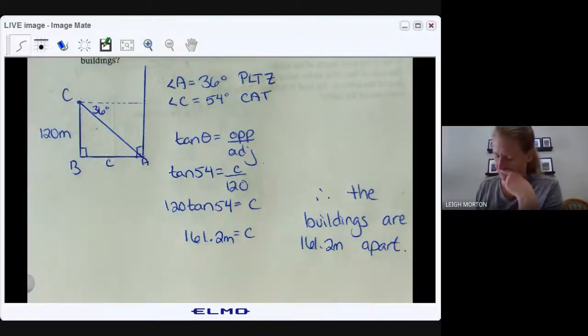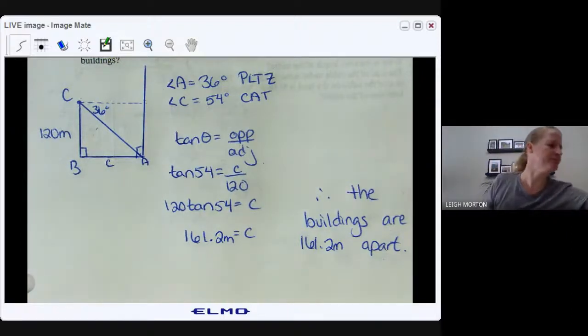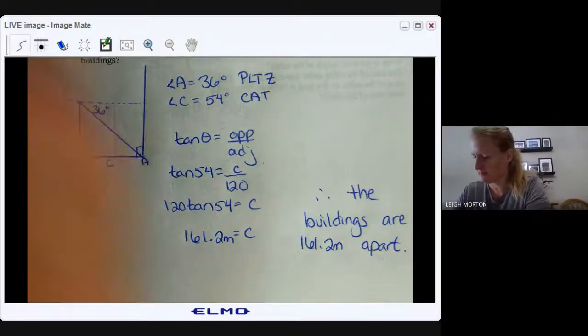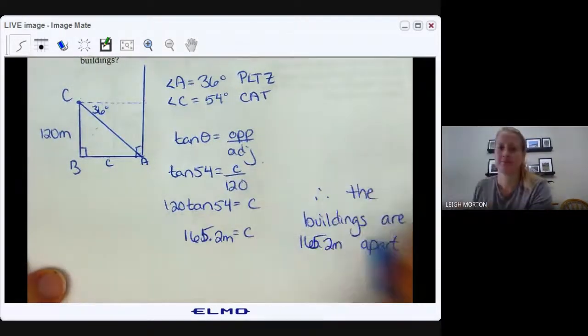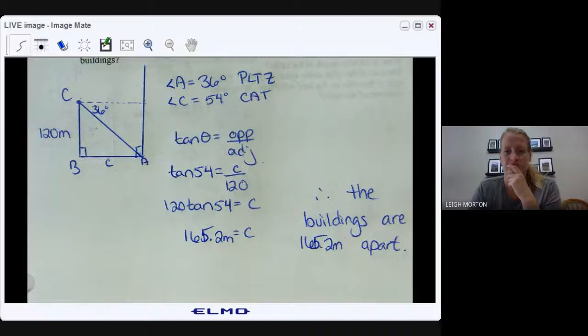Hold on. 165.2. Any questions about this one?